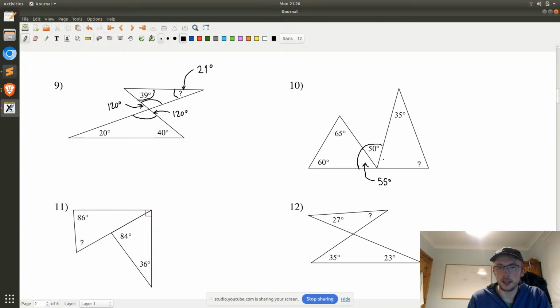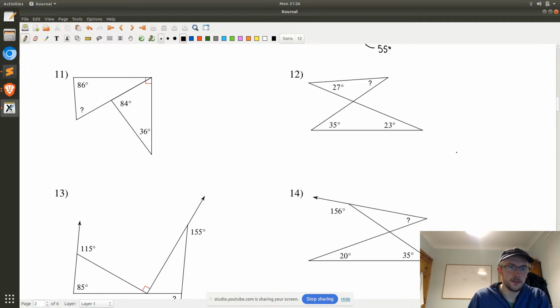Taken from 180 gives 75. 75 add 35 gives 110, which leaves 70 degrees left. 84 add 36 is 120, so this must be 60.